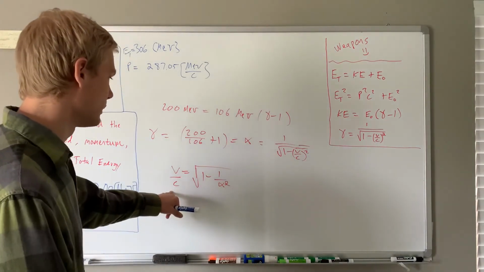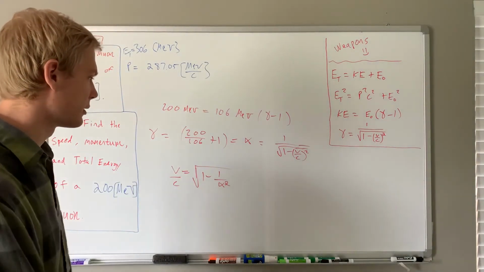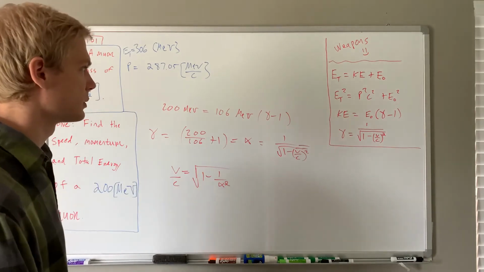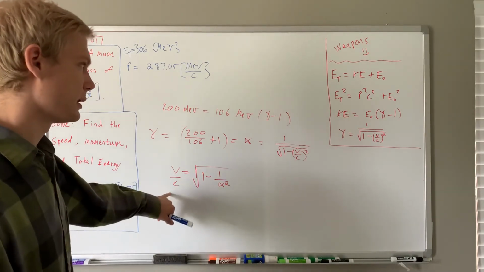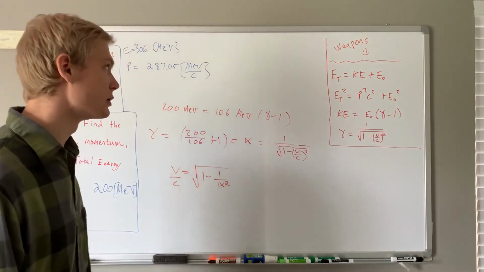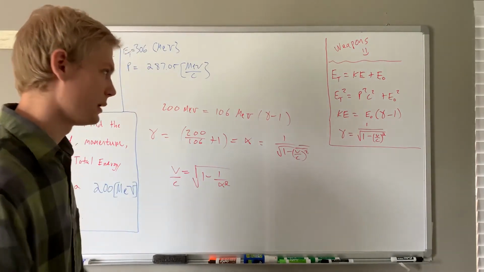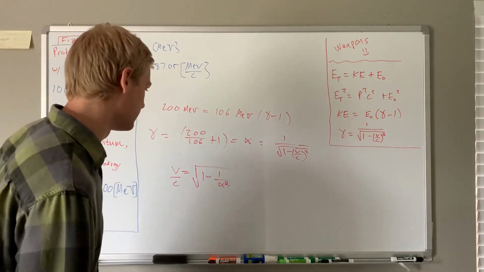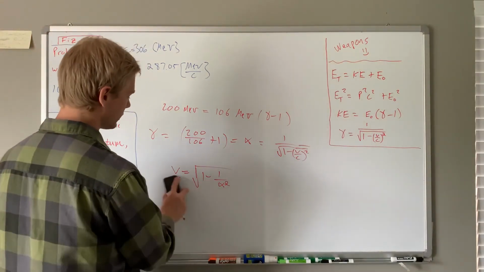So if I want to find v, the speed in terms of c, which is usually what you want because it's the ratio, you know, when you do these types of problems, like 99% speed of light or something. So you multiply it over.